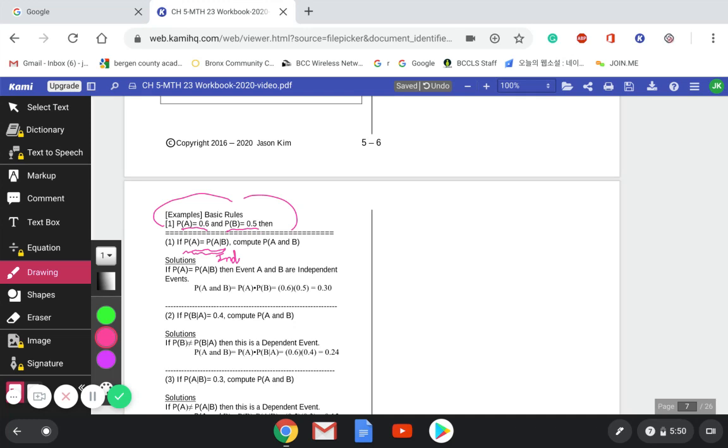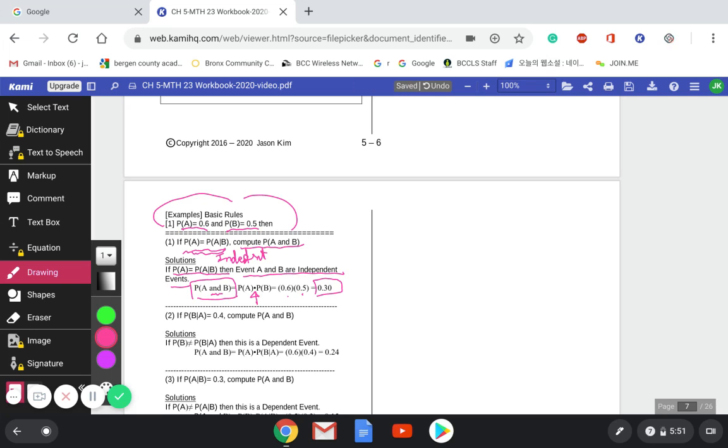If they are independent, then the way you compute probability of A and B is, because of the keyword "and", you multiply each event. So it's 0.6 times 0.5, and you end up with 0.30.